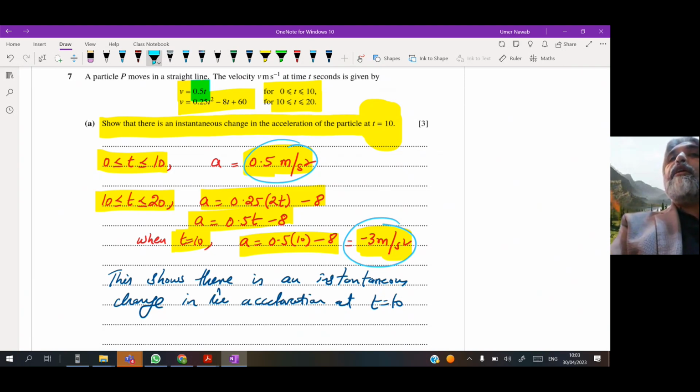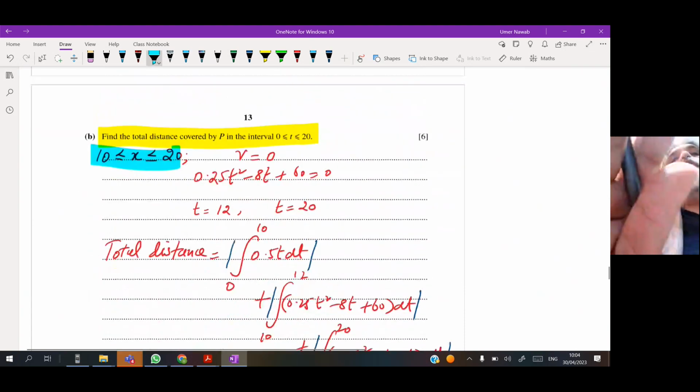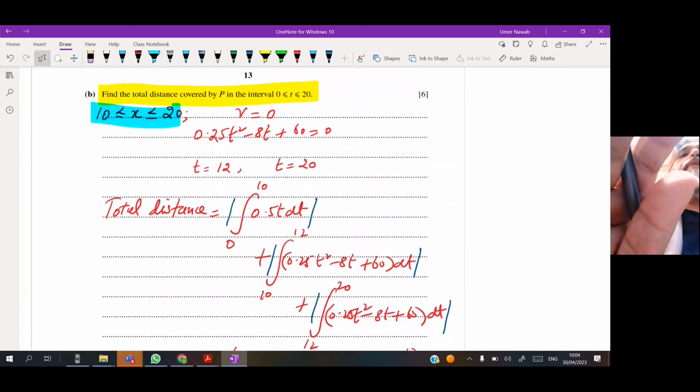So the body started its journey from rest. However, for the second formula, I do not know when the body will go to the state of rest, because for finding distance, it is a must for the student to calculate the time where the body goes to the position of rest.